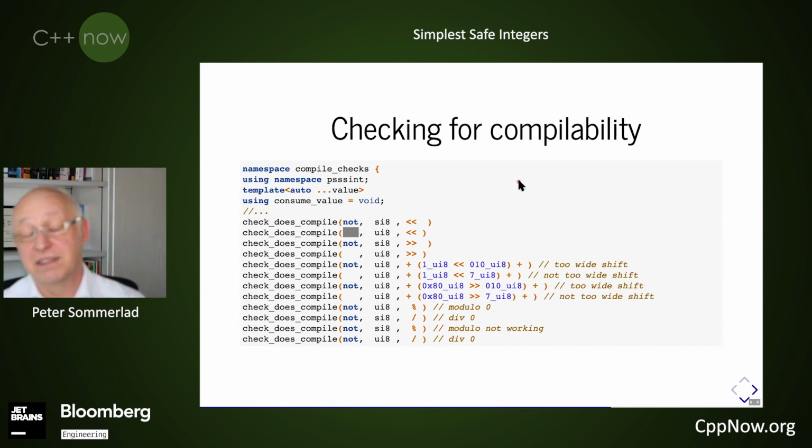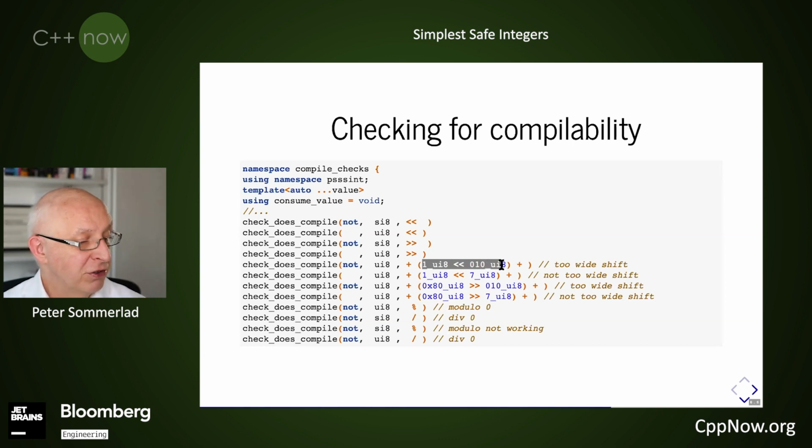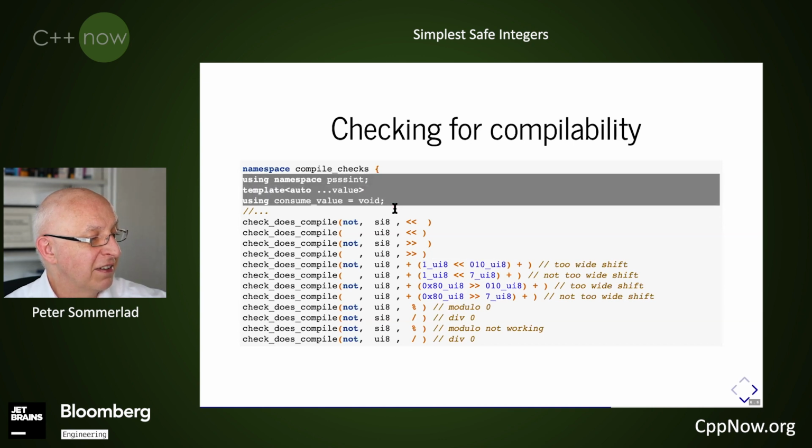Now, how can we get there? We even want to make sure that when we have a shift by too many bits, like 8 bits for a U8T, that this will actually fail to compile. One trick I'm using, it's just here on this slide, I should have put it on the next one, is I define a similar thing to void t.